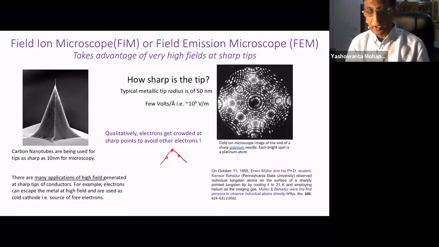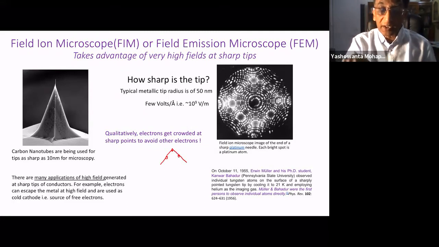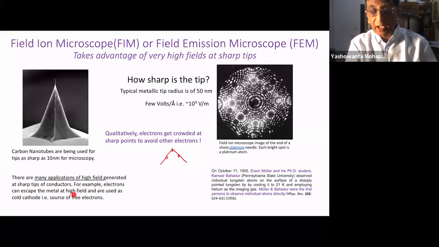There are many applications where these tips are generated. For example, electrons can escape from sharp tips. You can actually get electrons out because the field is so high that even without heating them, electrons come out. Normally we heat the metal to a very high temperature so that electrons have enough energy to overcome the work function. But you need not do that.